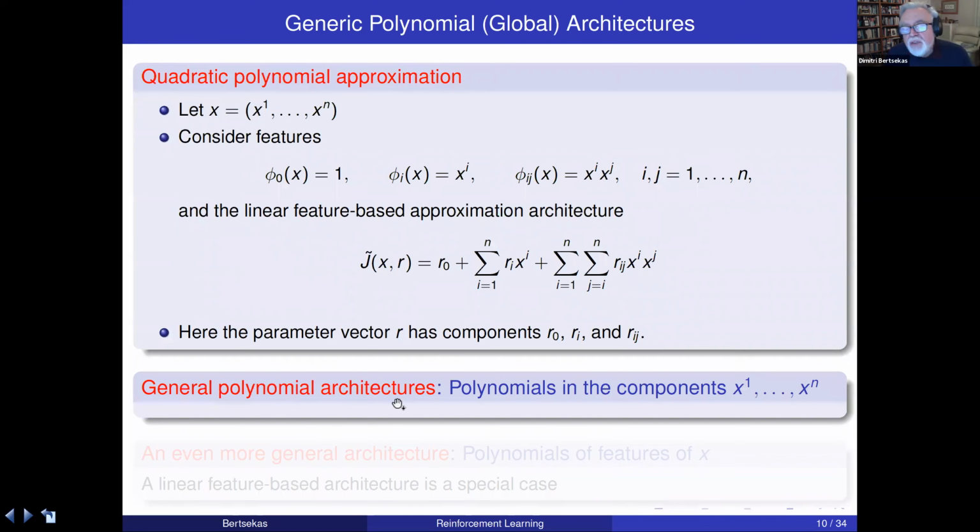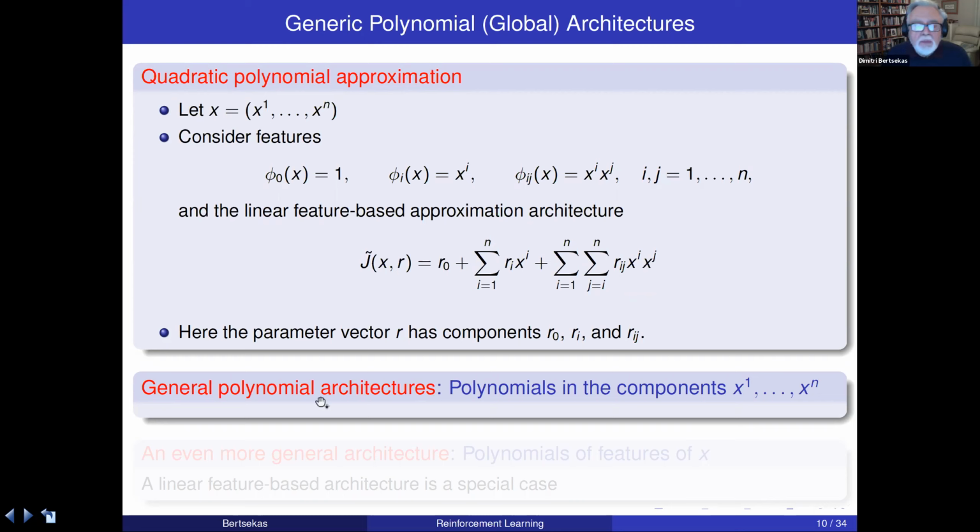A generalization of that, instead of having quadratic polynomials here, we can have higher order polynomials, like cubic, okay? Polynomials in the components. Moreover, we can decide that we're going to set to 0 some of these weights and are going to look only at selected cross-product pairs.